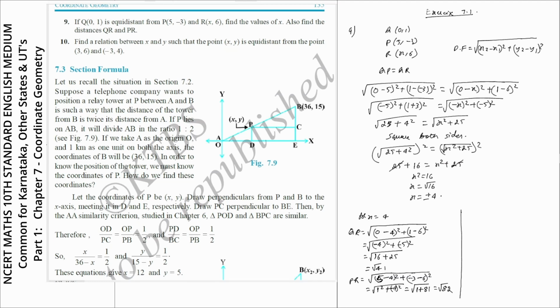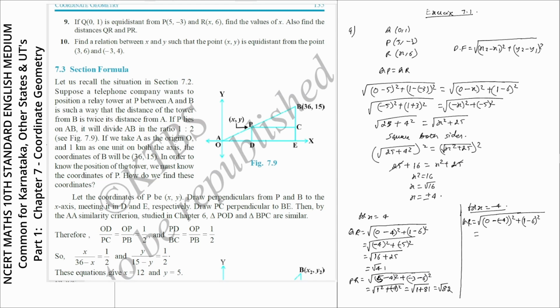Now for x is equal to minus 4, what is the value of QR? For x is equal to minus 4, QR is equal to square root of 0 minus x, so minus of minus 4, the whole square, plus y2 minus y1, that is 1 minus 6, the whole square.